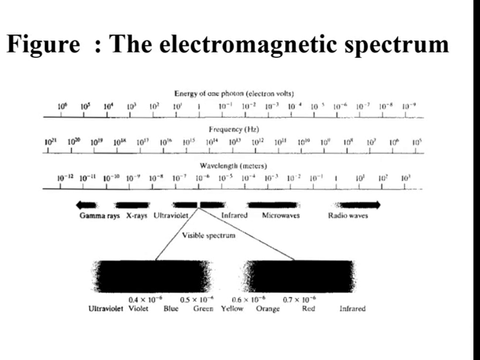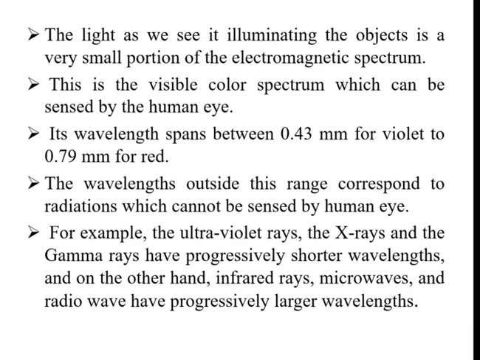The next figure shows the electromagnetic spectrum, in which it shows the rays like ultraviolet, infrared, the visible spectrum, gamma rays, X-rays, microwaves, radio waves, etc. We study it deeply. The light as we see it illuminating an object is a very small portion of the electromagnetic spectrum. This is the visible color spectrum, which can be sensed by the human eye.